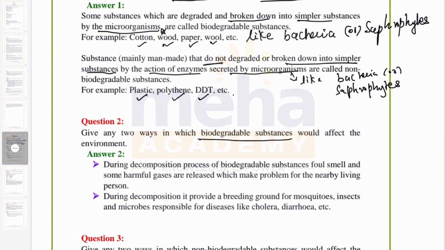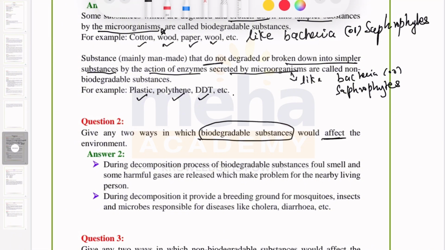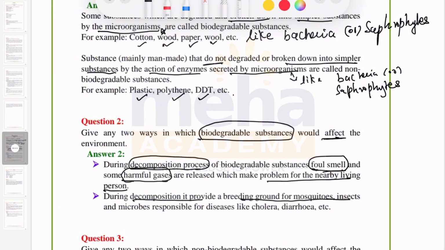During the decomposition process we get a foul smell and a release of harmful gases like methane, which will cause a problem for the people living nearby. Also, the decomposition site will be a breeding ground for mosquitoes, insects and microbes, which will be responsible for diseases like cholera and diarrhea.